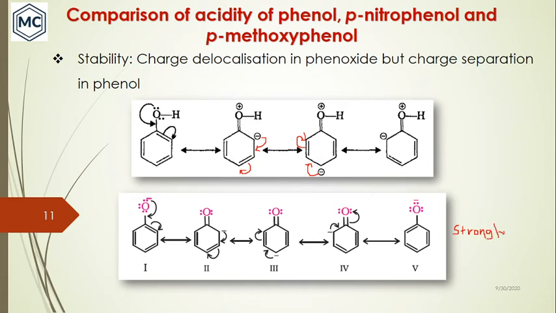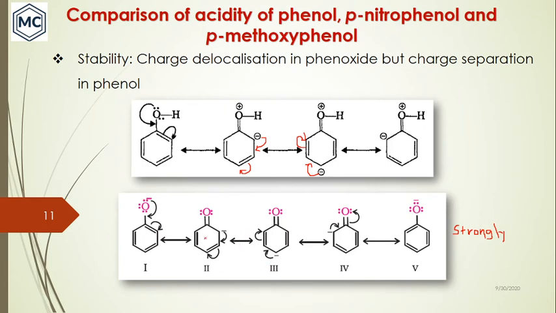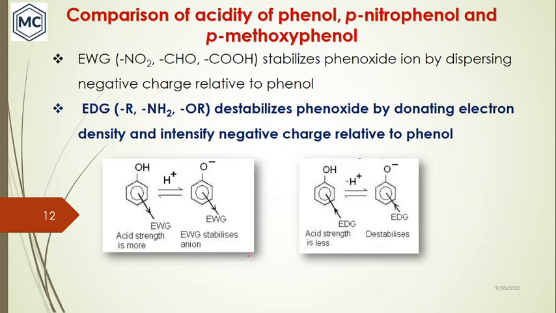But in phenol, you can see that there is a charge separation, so the energy will be a little bit disturbed and it will have higher energy, while phenoxide will have a lower energy, and highly charge-stabilized phenoxide ion forms. So there is a possibility of shifting the equilibrium in this direction if you put some base into the system, and we can say this is an acidic compound because it forms a highly stabilized conjugate base, the phenoxide ion.